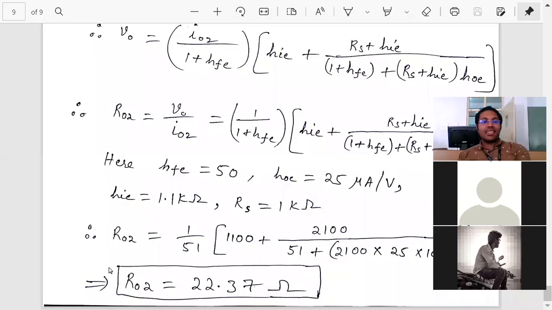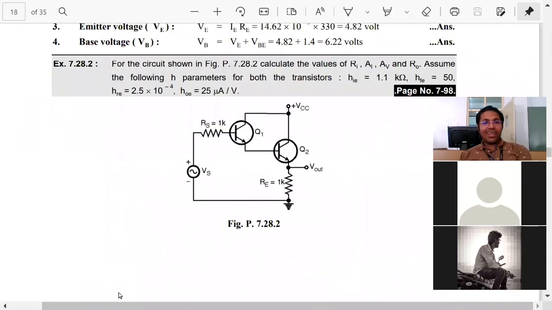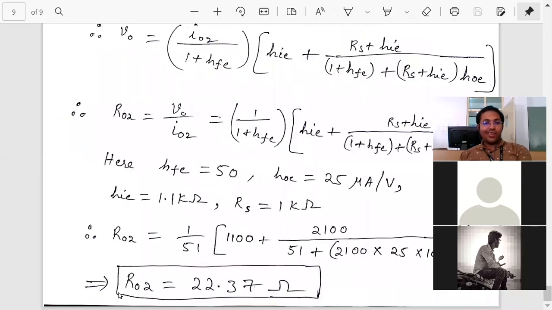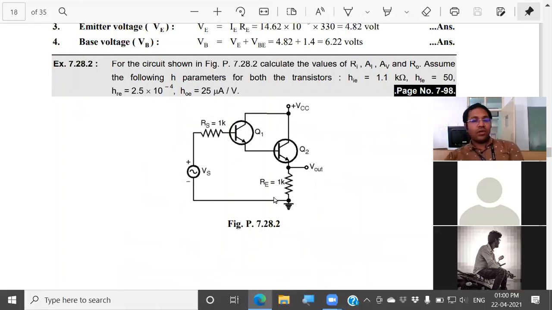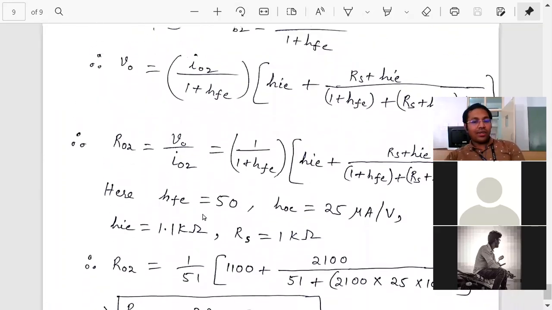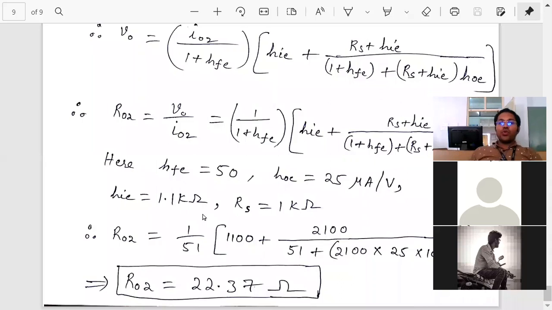Now in this circuit, R naught 2, R naught, okay. What will be the relation? I have been telling you, to get the overall output resistance, whatever you got, to that you have to consider parallel combination of 1 kilo ohm. So R naught 2 you got.